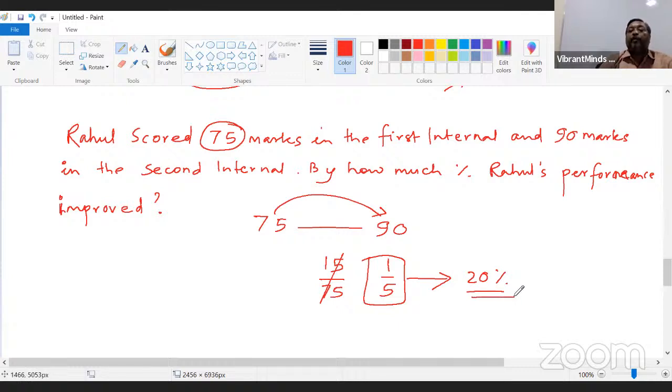So Rahul's performance has improved by 20%. Is it clear? Is it clear, people? If you are understanding it, please give it a thumbs up.